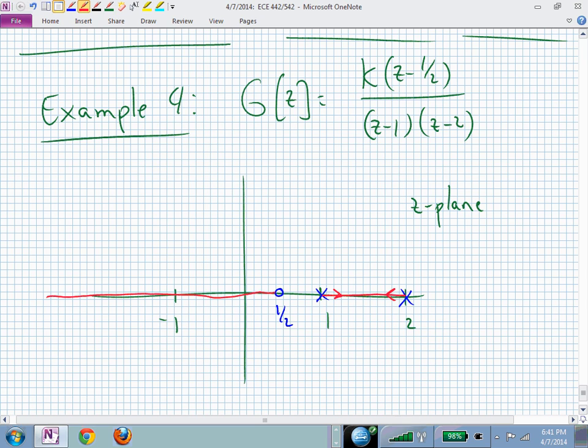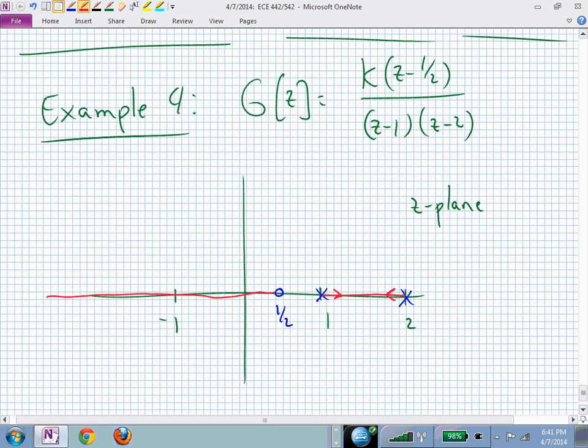Anybody want to answer? If I just looked at a point, let's say 3/2, and asked what are the angles that get me to 3/2 from all of those poles and zeros?